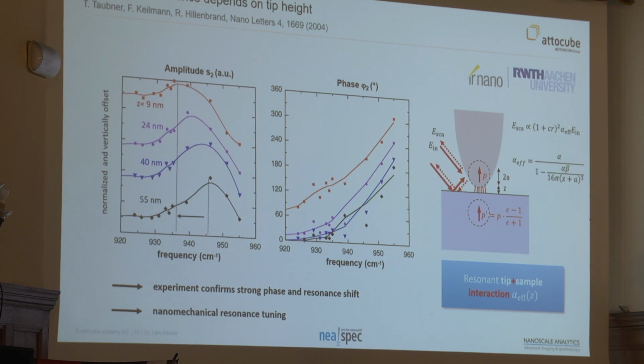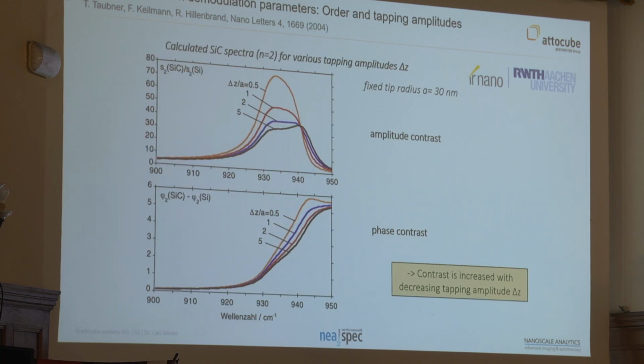And one consequence of this is also, because this is a height-dependent effect, this means also that demodulation affects this and tapping amplitude affects this. Whenever there's a height dependence, you could look at different harmonics and see how they are affected differently, which is shown here.